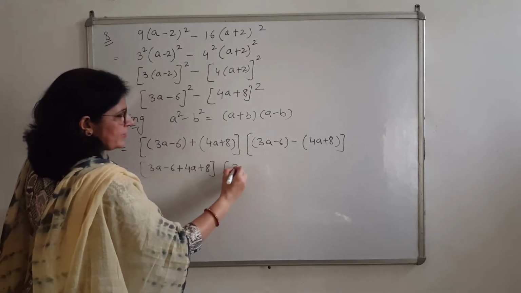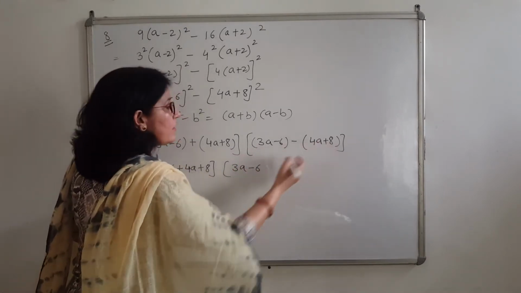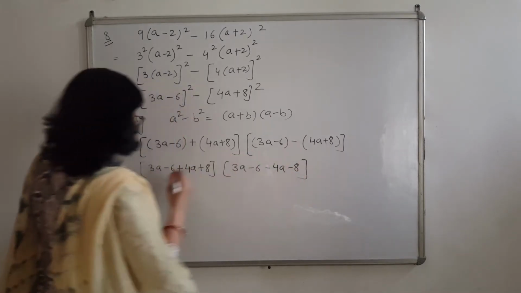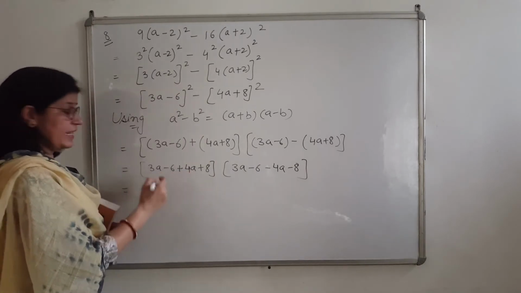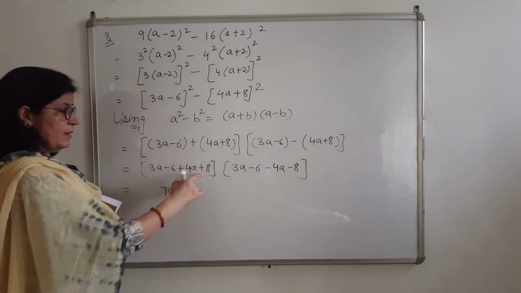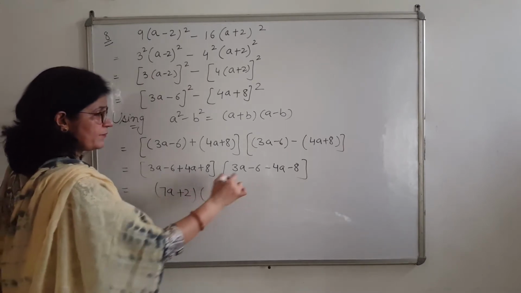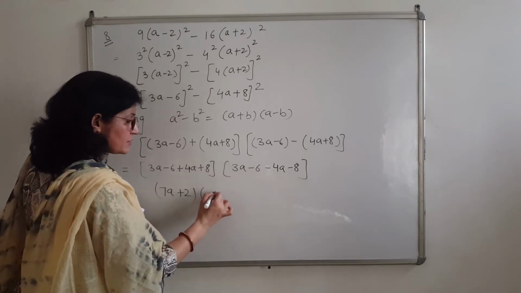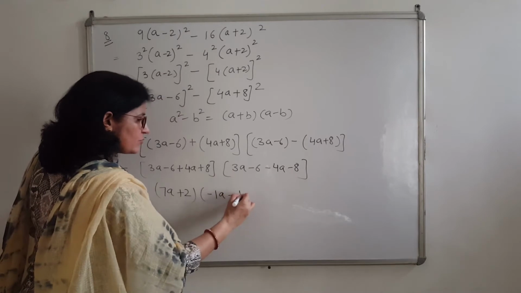In the second, 3a minus 6, this minus will be multiplied with both the terms, minus 4a minus 8. Now a terms we will add. 4a plus 3a is 7a, plus 8 minus 6 gives us plus 2. Here 3a minus 4a is minus 1a. Minus 6 and minus 8 is minus 14.